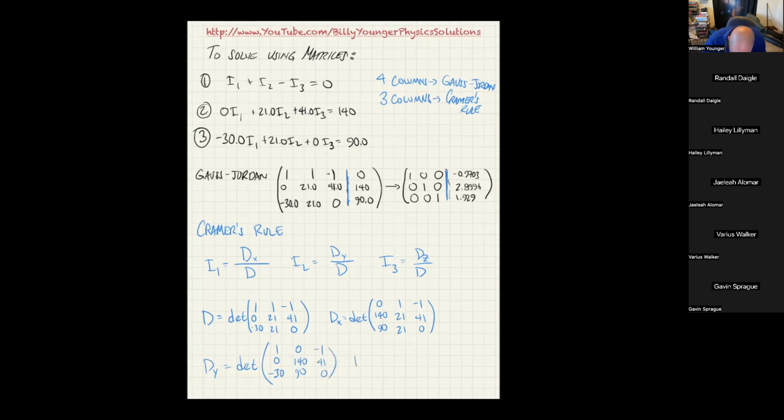And then finally, dz would be the determinant of this matrix, which again is 1, 0, negative 30. We haven't changed the first column. We haven't changed the second column. So that's 1, 21, 21. And the third column we have changed, and that's going to be 0, 140, 90.